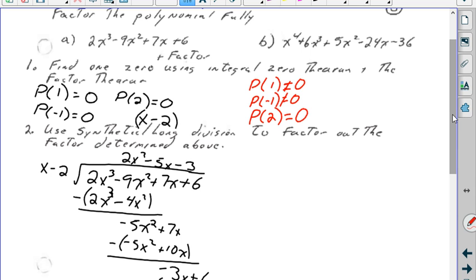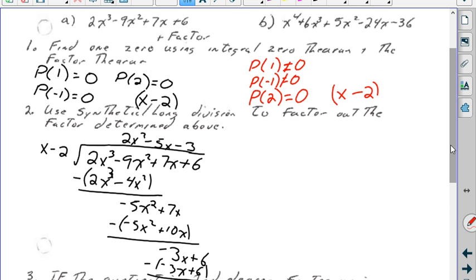Check my work and make sure that p at 2 gives me 0. Yes? Good. Again, the fact that I'm doing it in my head doesn't really matter. Now, hey, we ended up with the same factors before. Doesn't really matter, it just happened to work out that way.